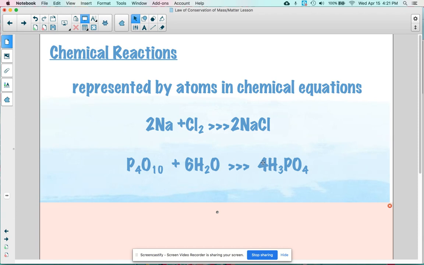And then this says 4H3, which means I have 4 times 3, 12 hydrogen atoms, 4 times the invisible 1 on the P, 4 phosphorus atoms, and 4 times 4, the subscript on the oxygen, means 16 oxygen atoms. So the subscript tells you how many atoms, and the coefficient tells you how many molecules or groups of something you have.